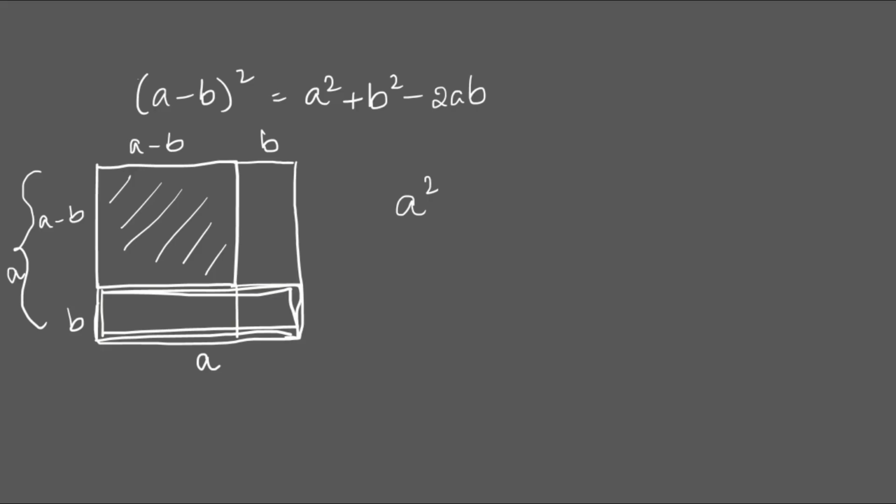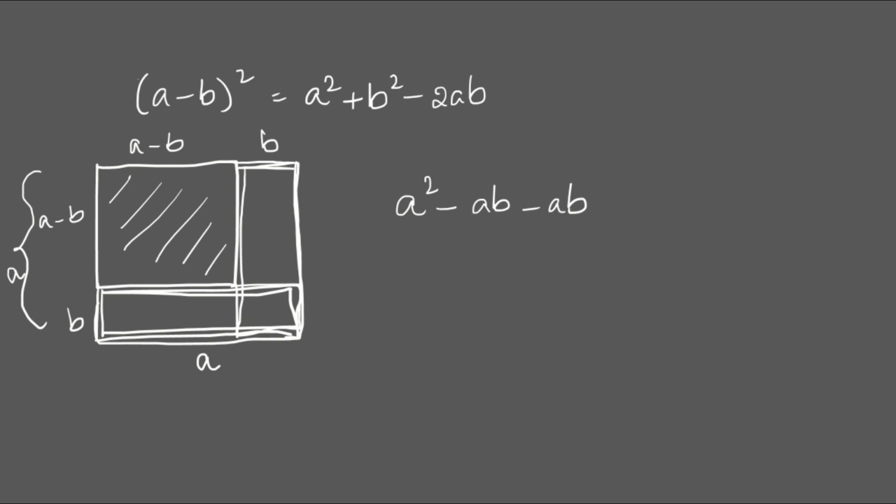So the area of this rectangle becomes ab. And we also have one more rectangle with the same length a and width b. So this area becomes ab.